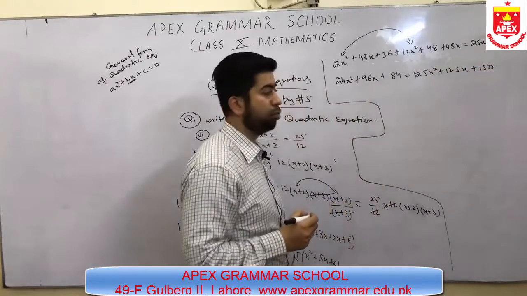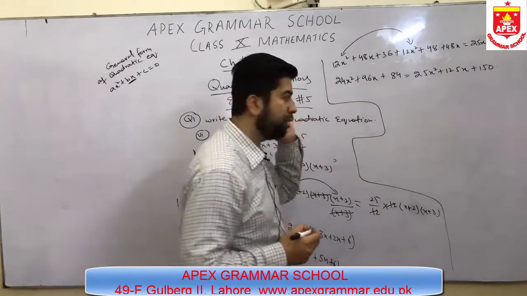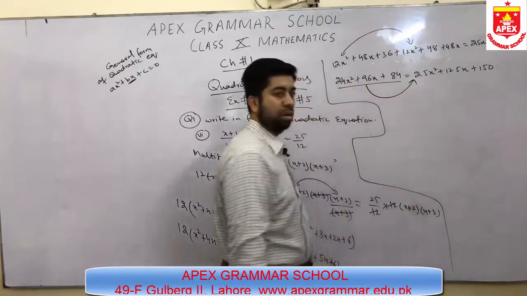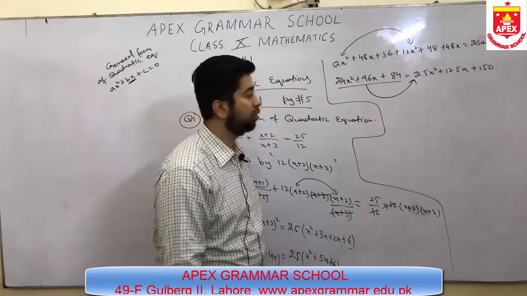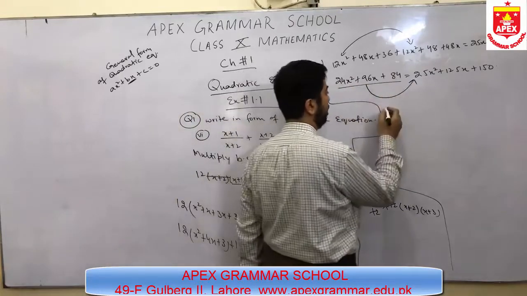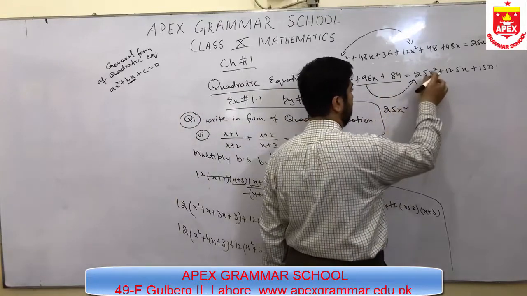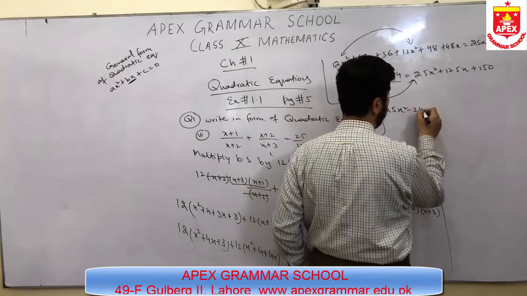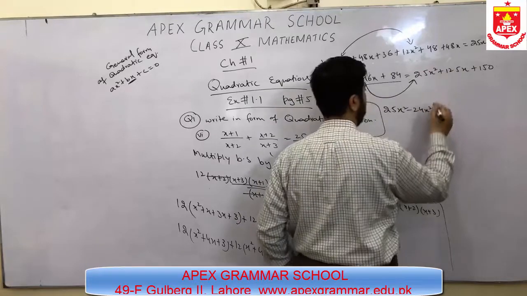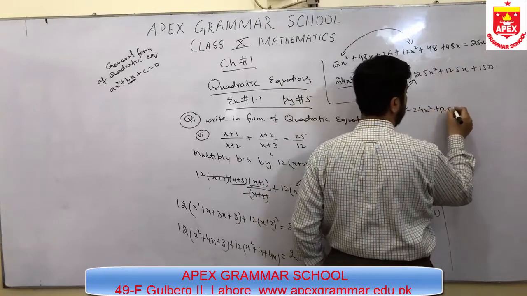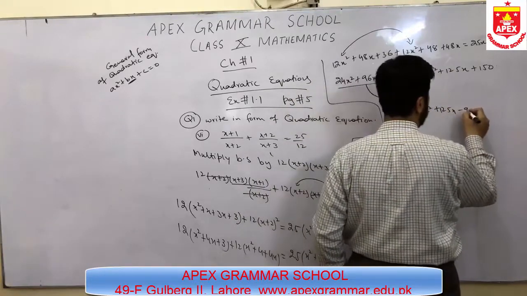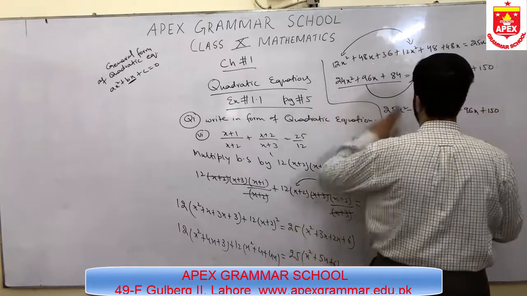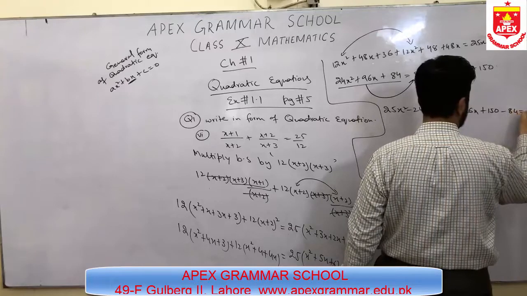Now you just have to make the quadratic equation. Move all these values towards the right hand side, so their signs will become negative: 25x square here and 24x square towards that side, negative 24x square, and after that 125x and minus 96x, and after that 150 and minus 84, is equal to 0.